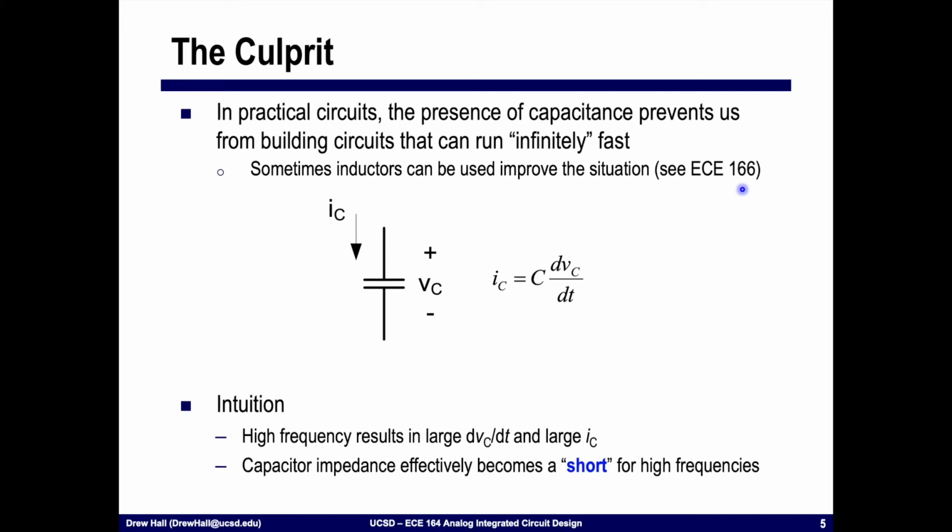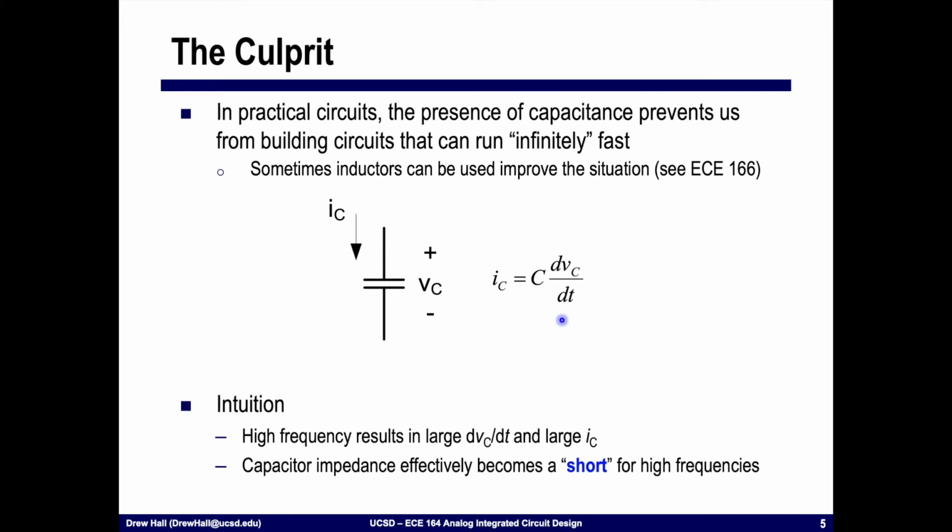Furthermore, at very low frequencies, the amount of inductance that you need is often prohibitive. It works well at RF or gigahertz, terahertz frequency, not so well at hertz or hundreds of hertz or kilohertz. So why is it that these capacitors prevent the circuit from running infinitely fast? Well, think about the current that we have in a capacitance.